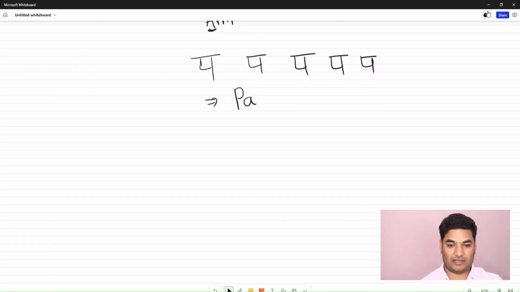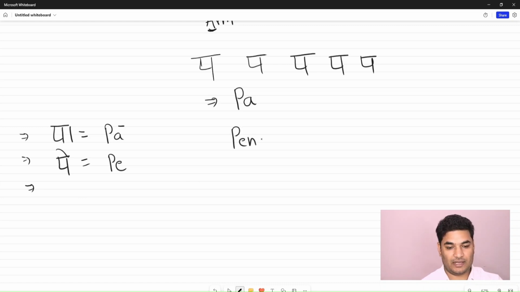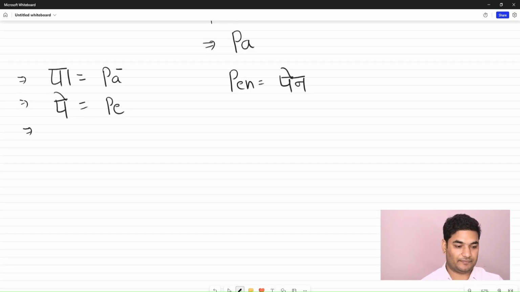Now let's make a combination of P with the vowel A. Pa. Pa with A will become Pe. Now this is interesting. Now you know how to write the word pen in Hindi. Pe and N, pen.